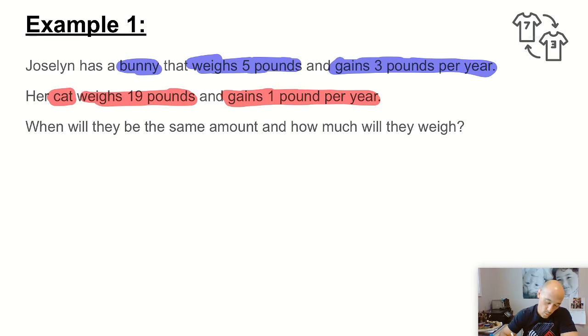And so we're going to first decide our variables. So x is going to equal the number of years. And y, I should have written that in a different color.